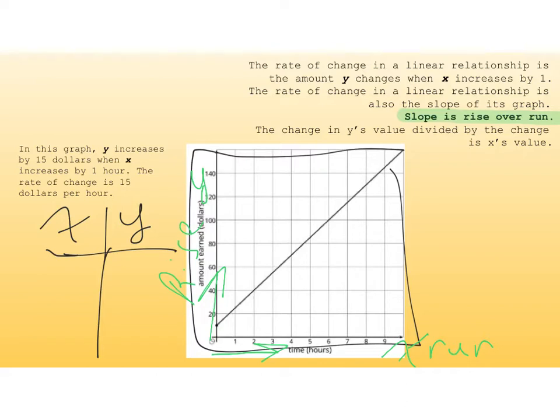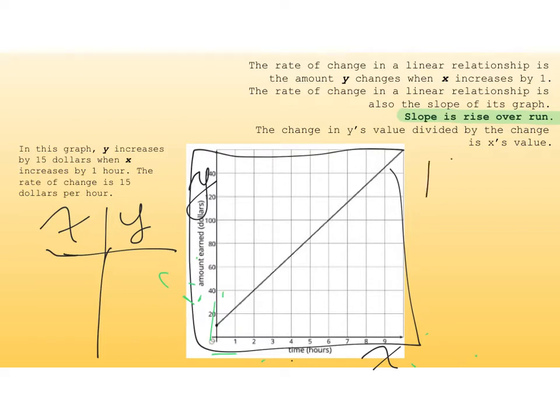Alright, so let me erase this. I'm going to leave that X and Y there for us though. This is something I do on my graphs. Alright, so this says in this graph Y increases by $15 when X increases by 1 hour. Well, it's in time. So it just stated what our slope is.